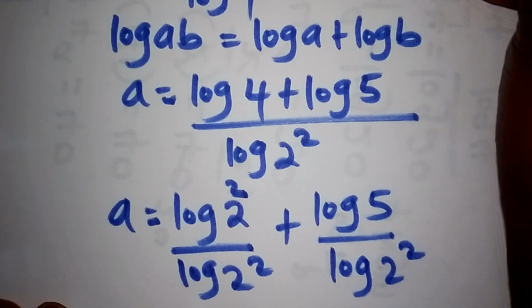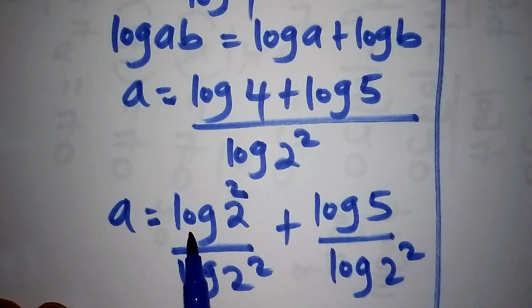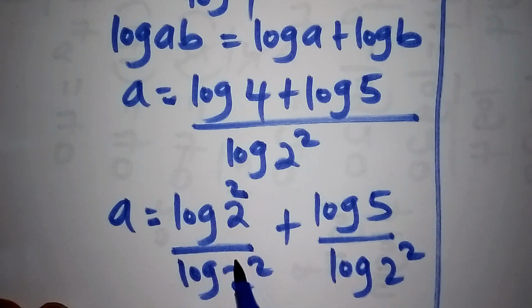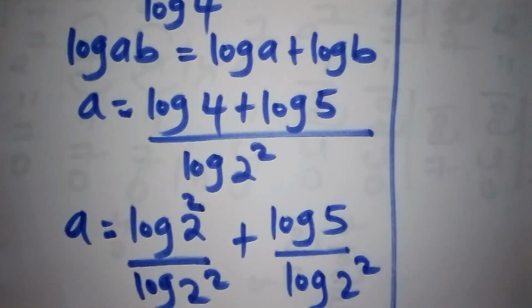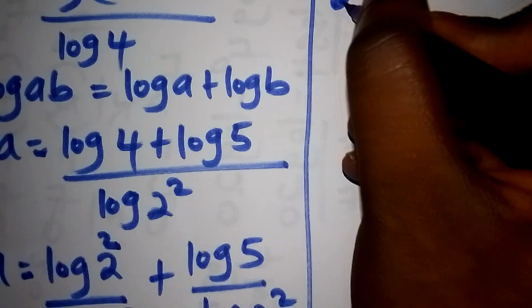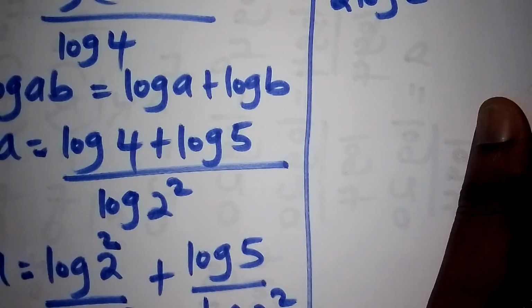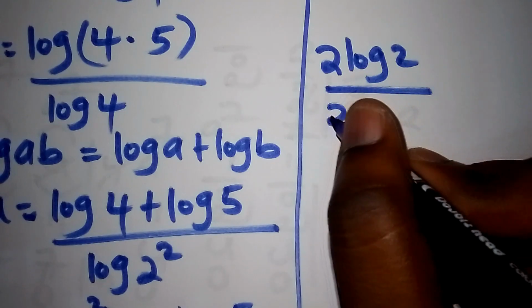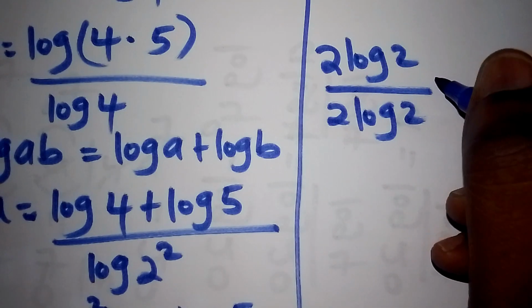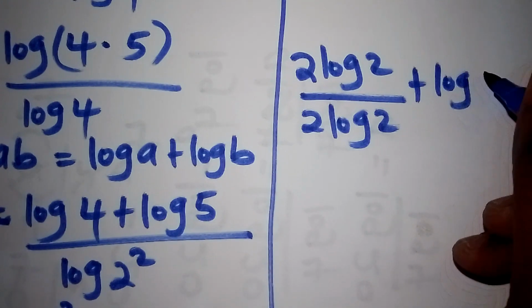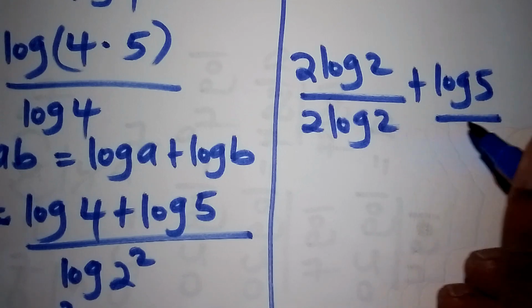The next step: the log of 2 to the power of 2 can also be written as 2 log 2. So we have 2 log 2 all over 2 log 2, plus the log of 5 all over 2 log 2.